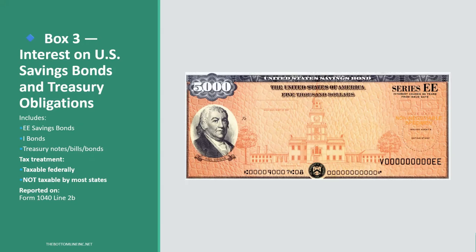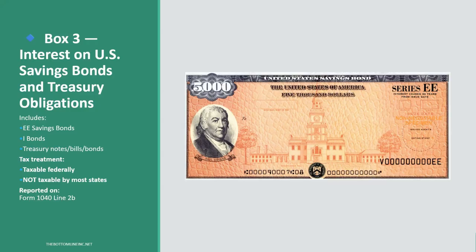They actually are tax-free if you use the interest from it to go to college or for higher education. So they're normally taxable except if you use them for education. I bonds, treasury bonds, all of those things will be reported in box 3. Most of them are not taxable. But you're going to report this on line 2B of the 1040, which we saw before.